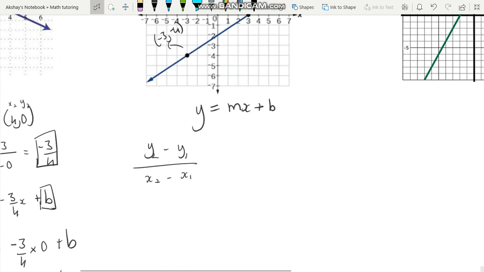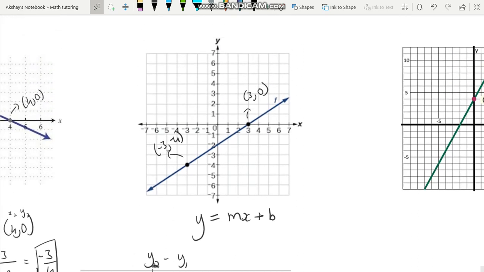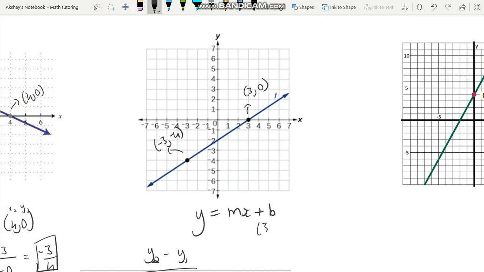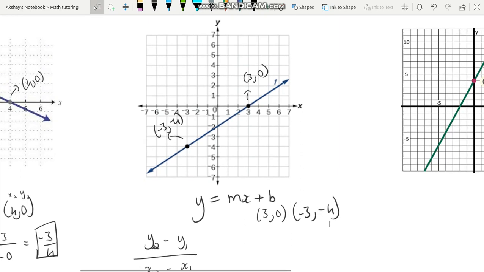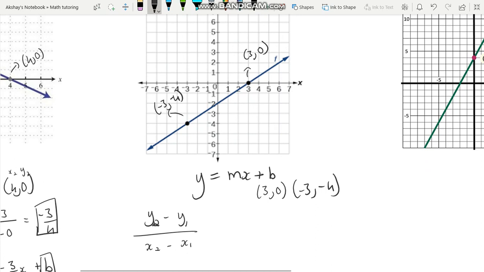Now let's see, I have my two points here, which are, let me check back, (3, 0) and (negative 3, negative 4). Okay, so y2 is negative 4, y1 is 0, x2 is negative 3, x1 is 3, so we have negative 3 minus 3.